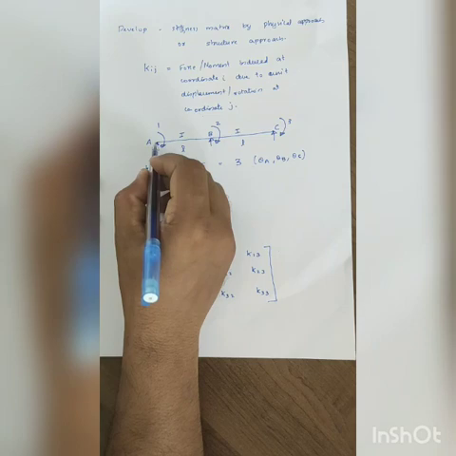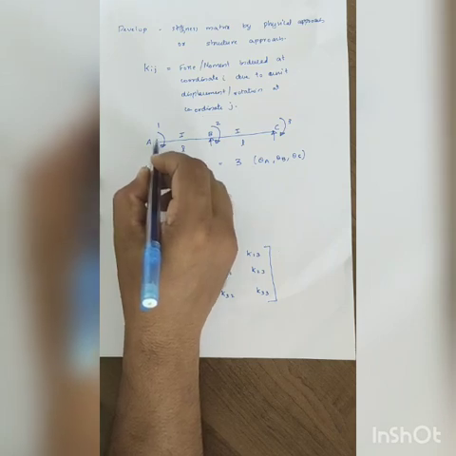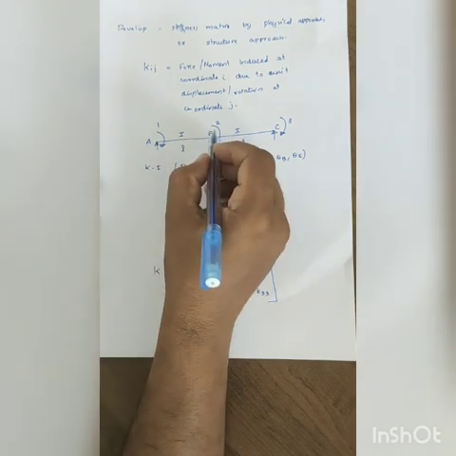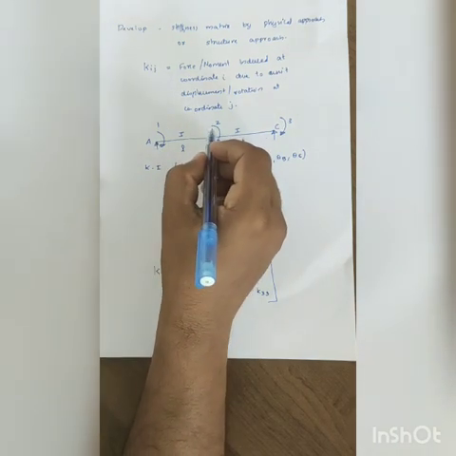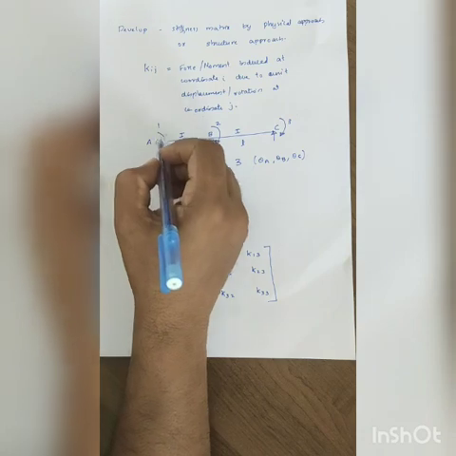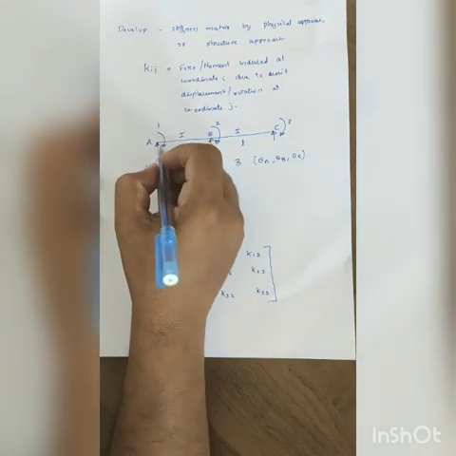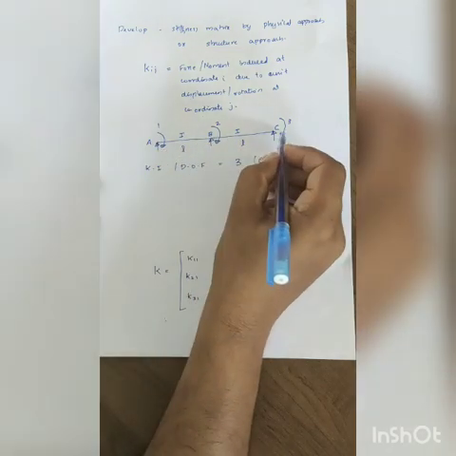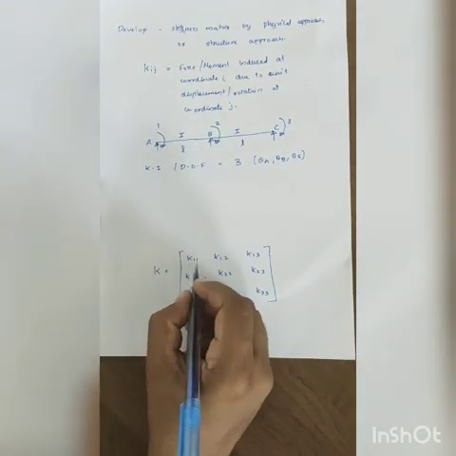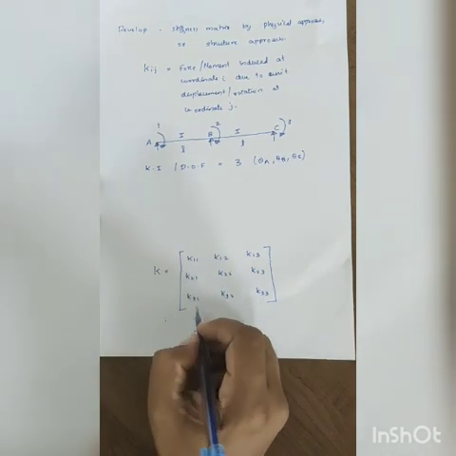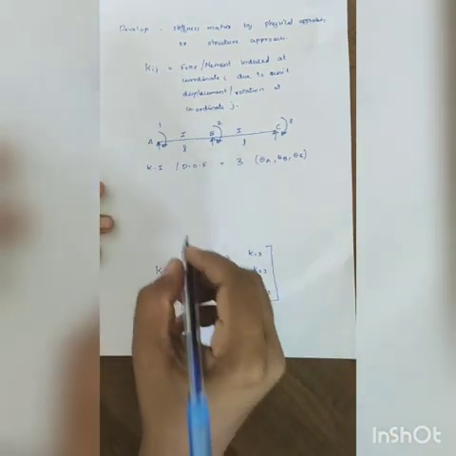So that is equal to K11. And when you provide a unit rotation at A, how much moment is induced at 2? That will be K21. And the corresponding moment induced at 3 is K31. So you can find K11, K21 and K31, and you can fill the first column. So I am going to start with that.